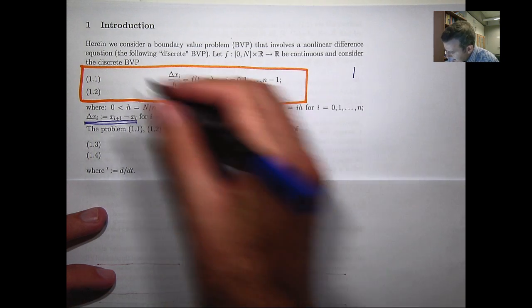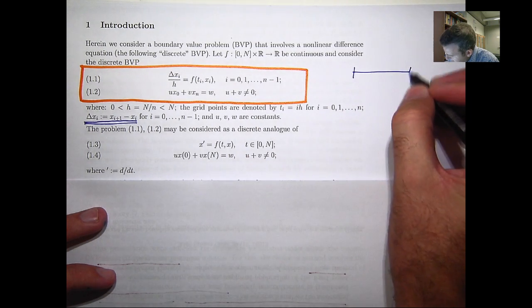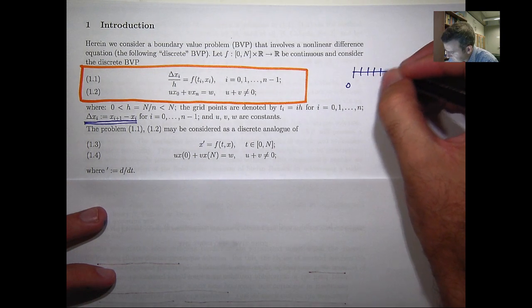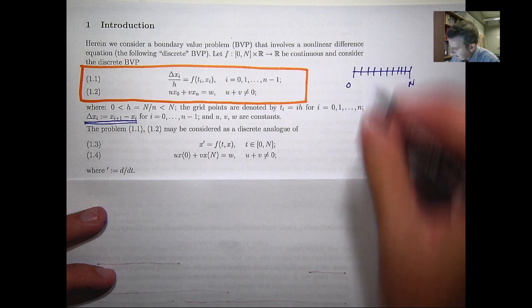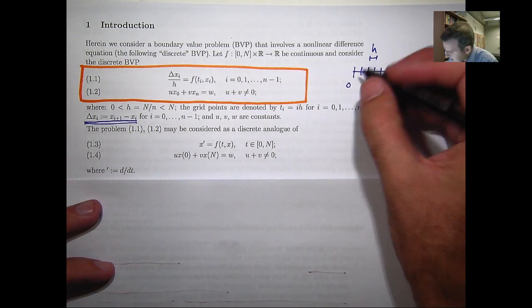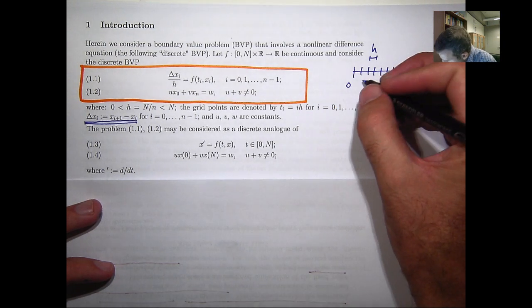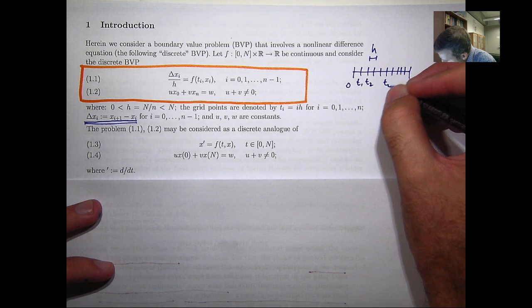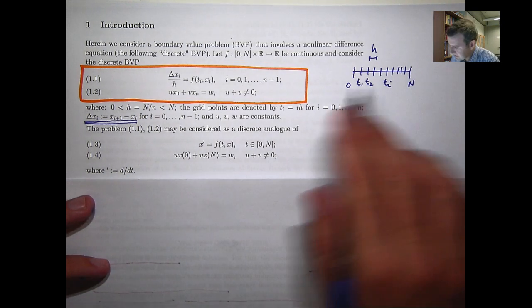So we take an interval 0 to big N and we slice it up to form our grid points. The mesh size, if you like, is h, and each of these points is labelled t sub 1, t sub 2, etc. up to t sub i.